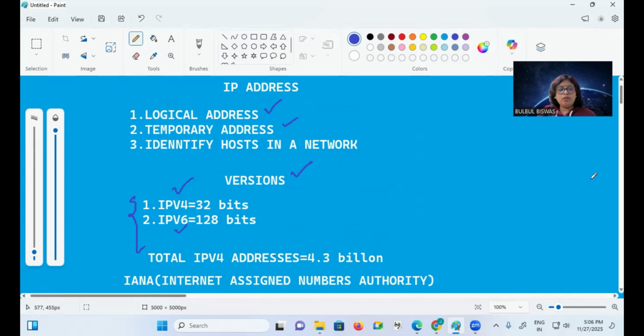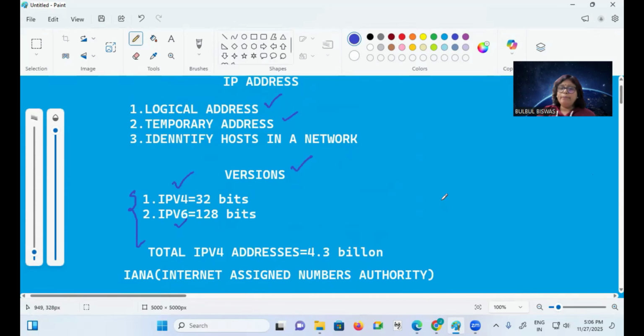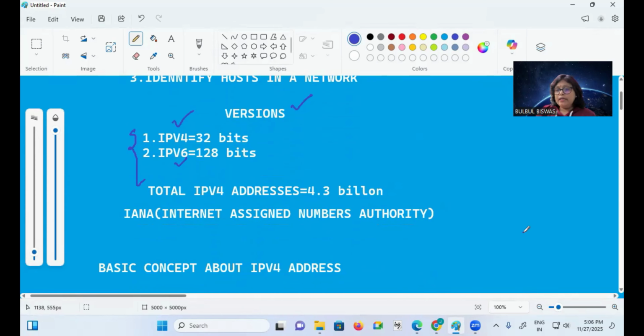When I go for the videos of IPv6, at that time I will tell it in detail. So for now, whatever topic I cover here will be related to IPv4. Now, first of all, everyone see this IPv4 address, which is 32 bits long.